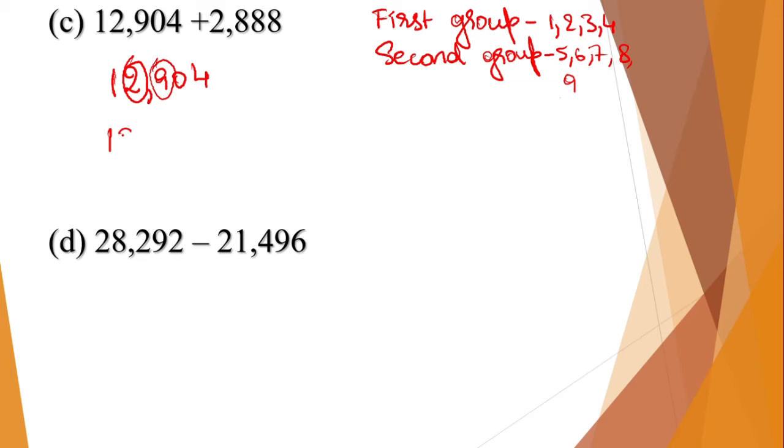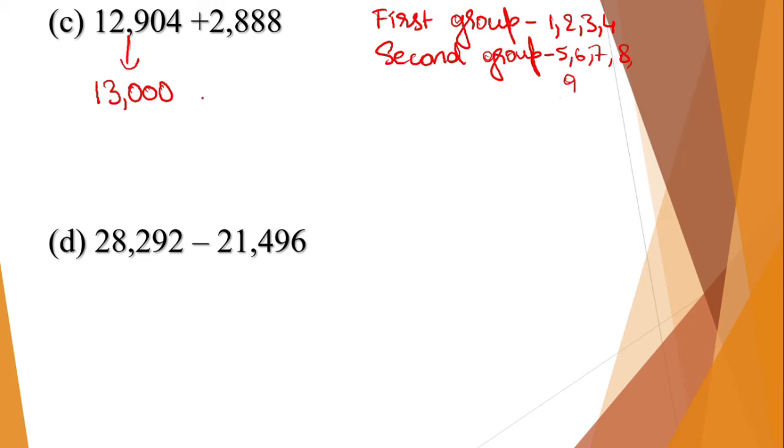So which gave us 3. Now here after 2 we have 9, 0 and 4. So these will become zeros. So we will get 13,000. Now 12,904 round off to nearest 1000 will give us 13,000.